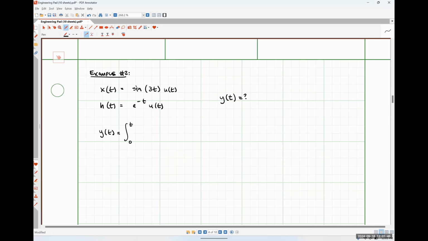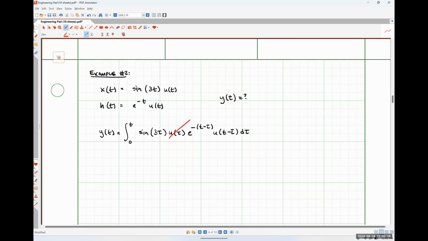So that's going to look like sine of 3 tau u of tau times e to the negative t minus tau u of t minus tau d tau. So what can we say about u of t over this interval?